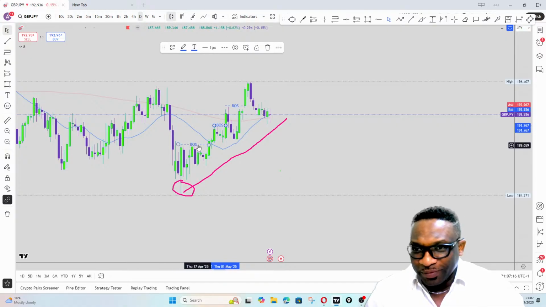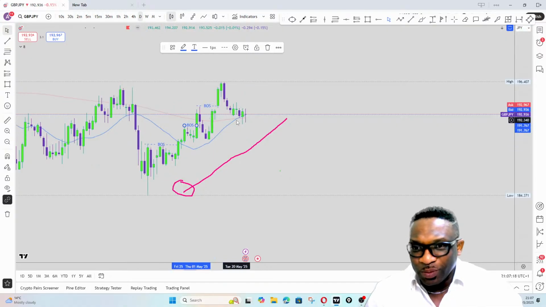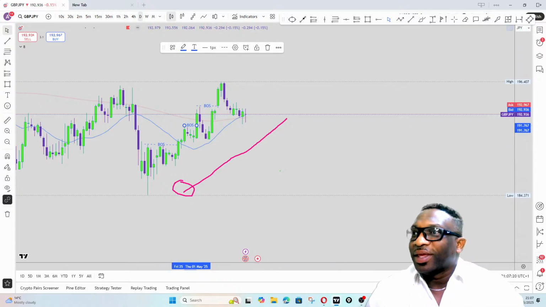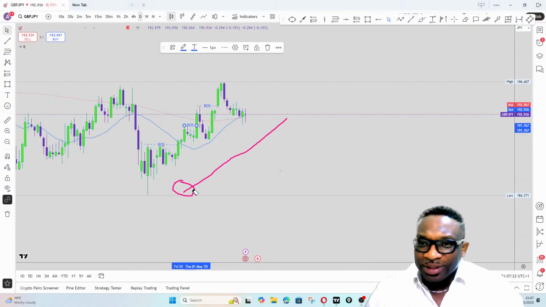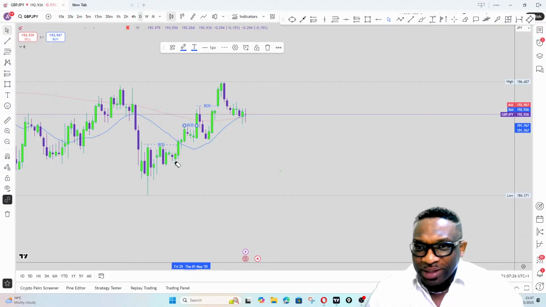So now we've identified them, so we need to mark the areas where these originated from. The first one we marked here originated from this level.